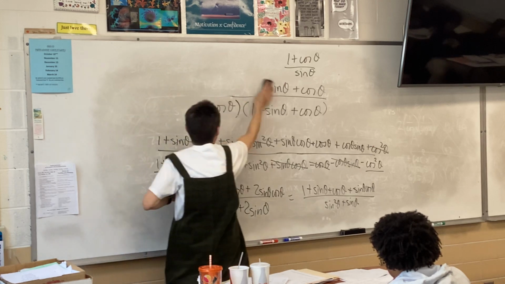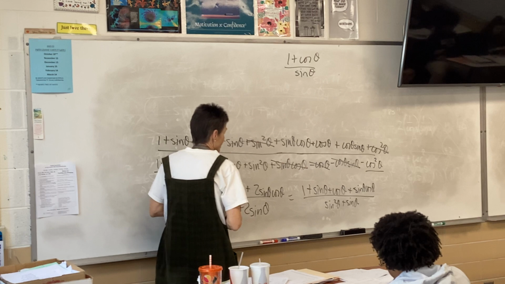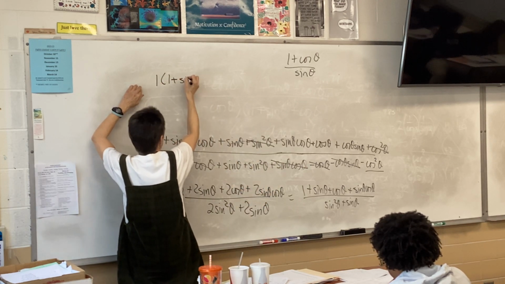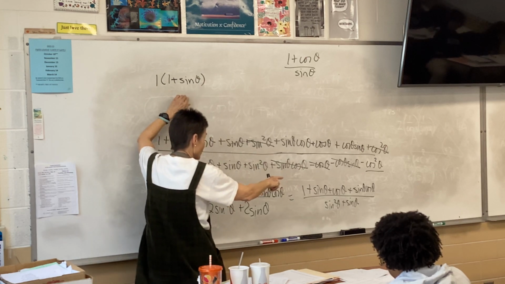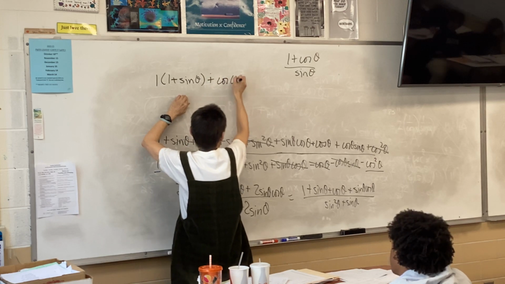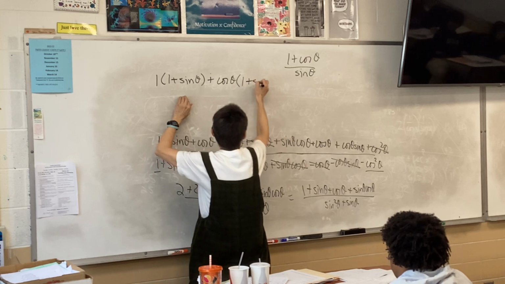The top factors by grouping. So if you group the first 2, you have 1 times 1 plus sine. There's nothing to take out. But if you do the last 2, you can take out a cosine, and you have 1 plus sine.